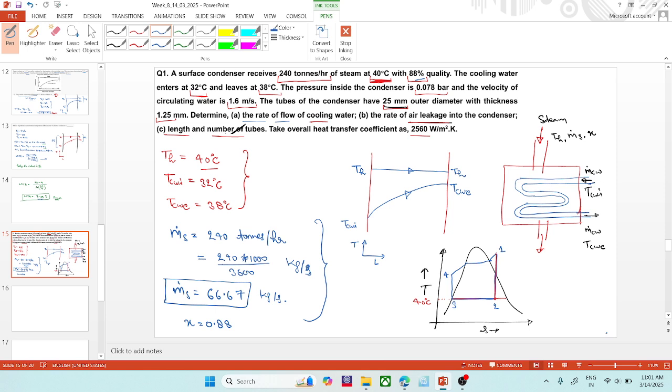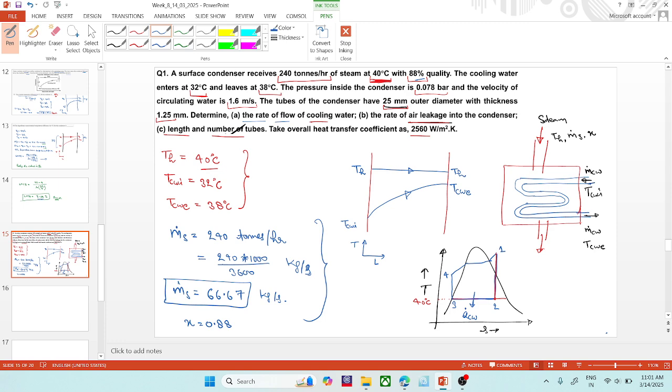Okay. So here from 2 to 3, the heat is rejected to the cooling water, which I will write as Q dot CW.